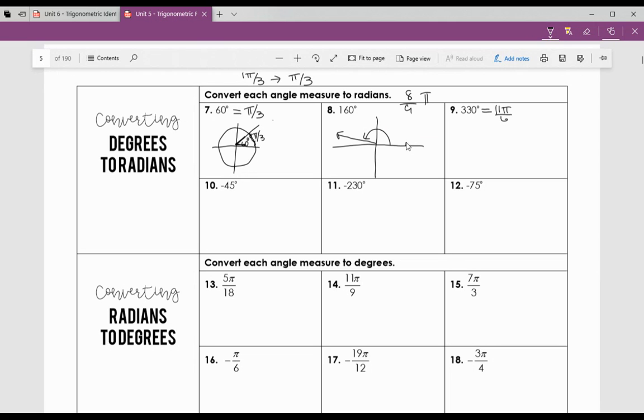So we're talking about this part of the circle, because that circle, of course, would keep going. But the 8 pi over 9 represents that aspect of the circle where the 160 is the angle value that cuts that arc. Does that make sense?